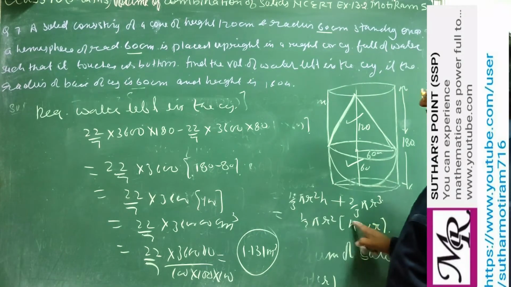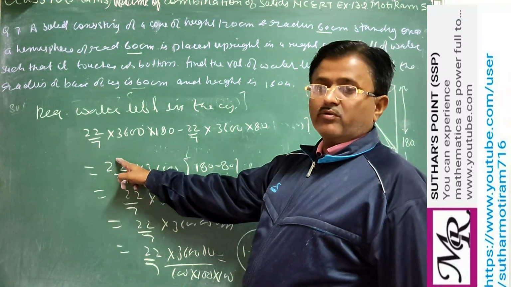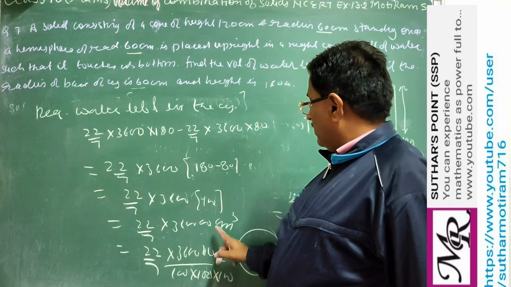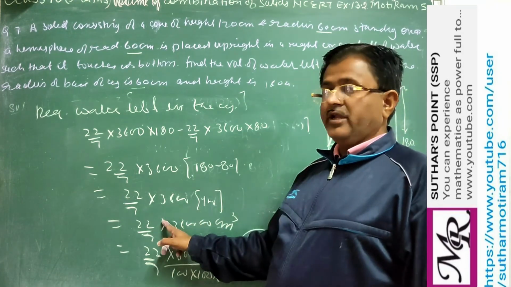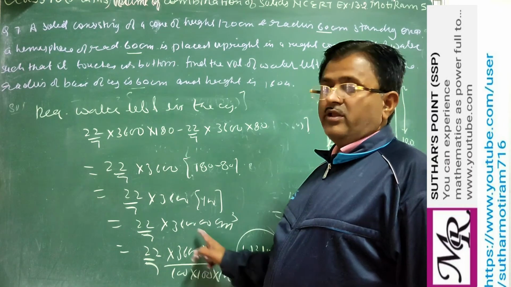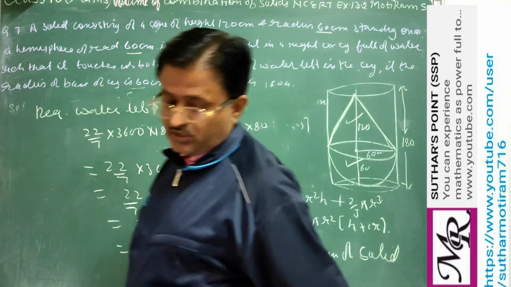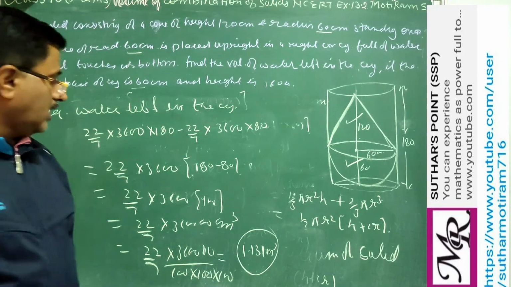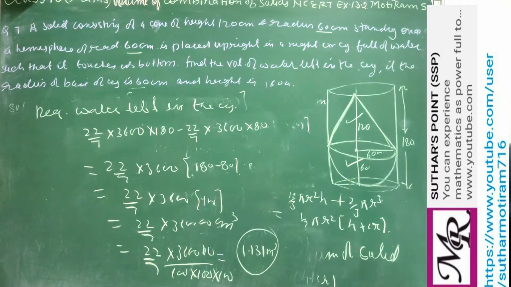We make the calculation, taking 22 by 7 into 3600 common and simplifying, we get this in cubic centimeter, and if you divide by 100 into 100 into 100, then you get it in cubic meter. So finally we get the required answer, that is 1.13 cubic meter, this quantity of water left in the solid.